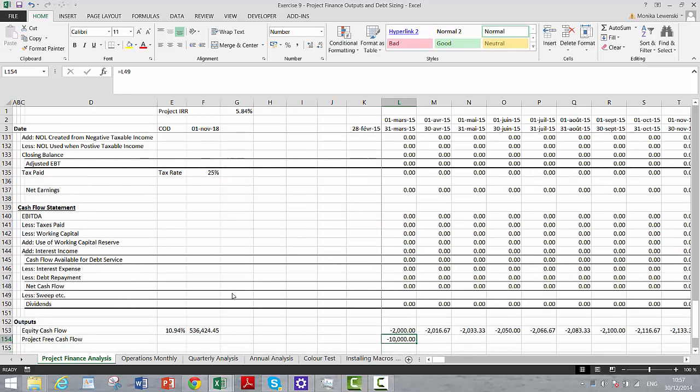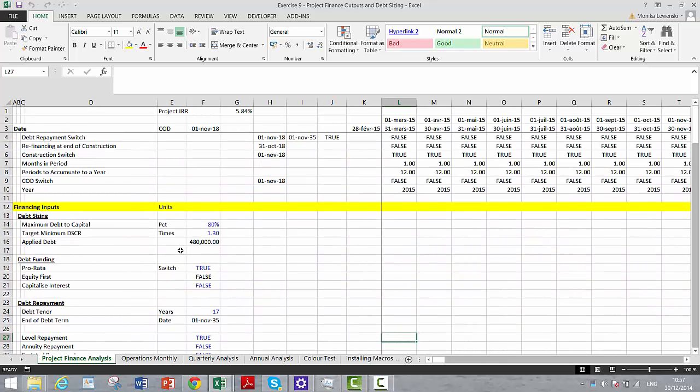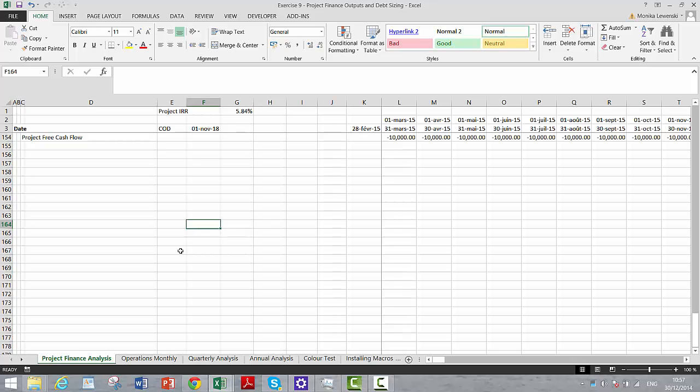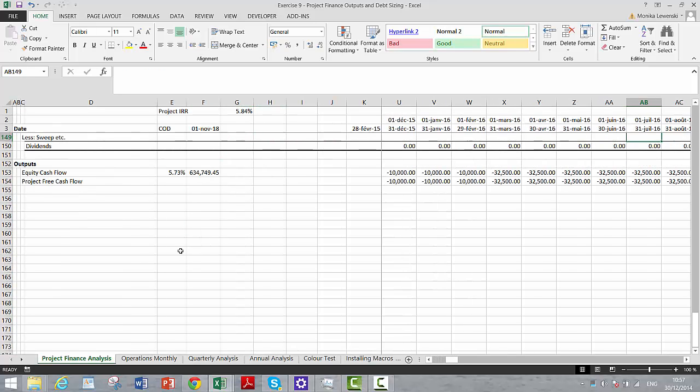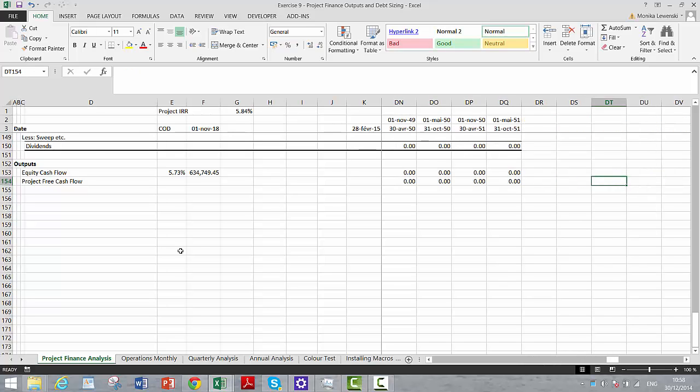Shift Control R. If we put in a 0% financing and get zero debt, then the equity cash flow should just be the same as the project cash flow, and there's a very slight difference here for this working capital adjustment. Let me review that in just a minute.